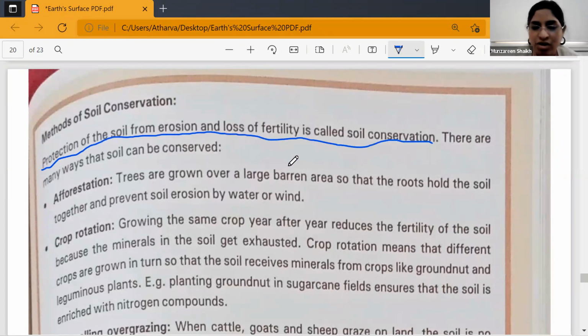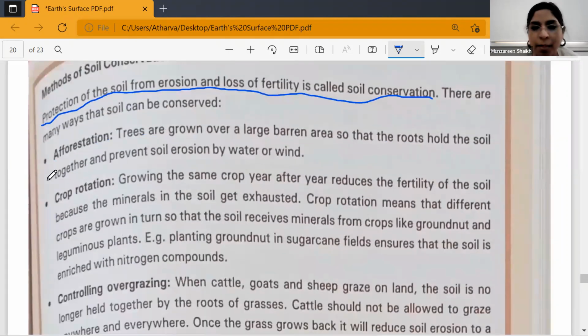What is the difference between deforestation and afforestation? Deforestation is cutting down of trees. Afforestation is growing of trees. So it's completely opposite of deforestation. We know that if we are cutting down the trees, it is leading to soil erosion. So what will be the solution? We will grow more trees.